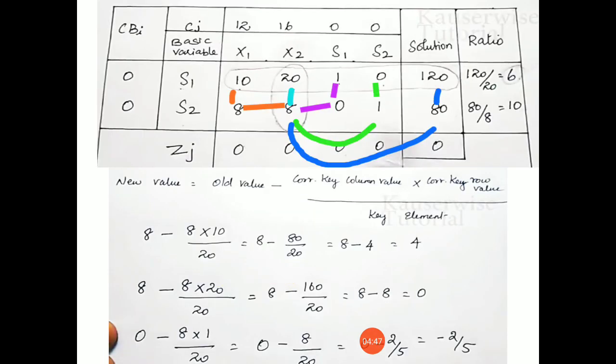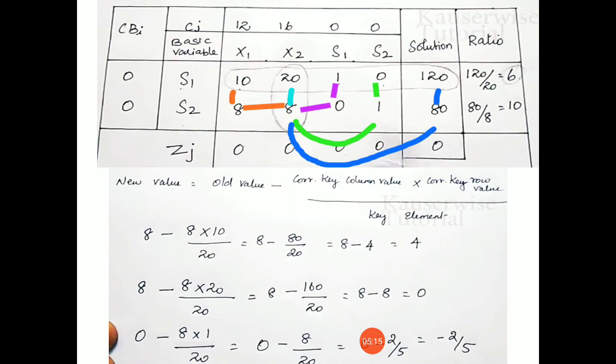For finding the rest of the elements in the S2 row, I will use the same formula. Let me take an example for finding the third element in the S2 row. As you can see from this initial simplex table, the old value is 0. I have used purple color to show the corresponding key column value and corresponding key row value.